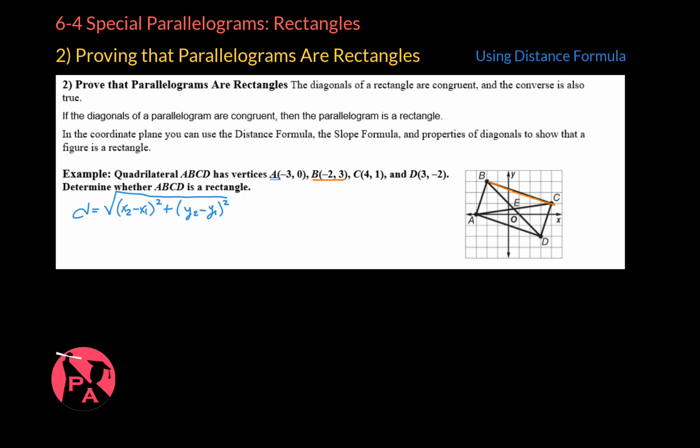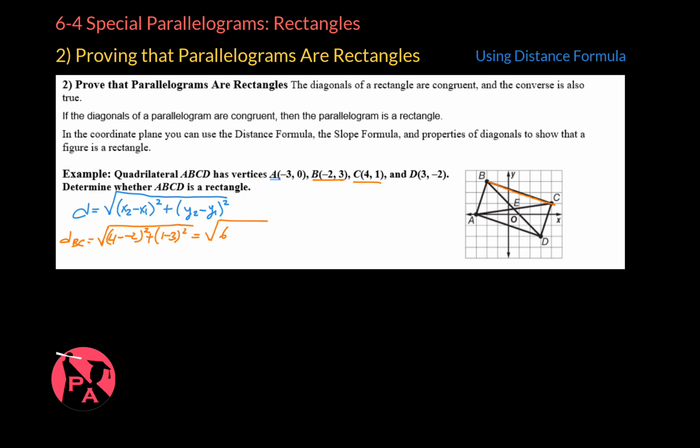So point B and C right here, the distance of BC is equal to the square root of, subtract the x values, 4 minus negative 2 squared plus 1 minus 3 squared. Please don't forget about the parentheses. The first pair of numbers becomes 4 plus 2, which is 6, because we have two negatives, it becomes positive.